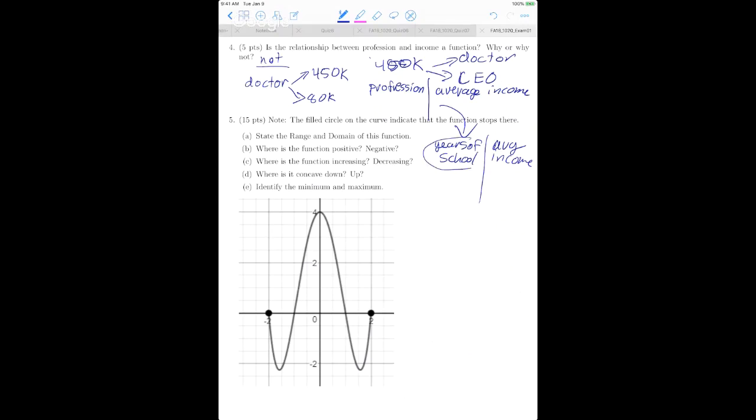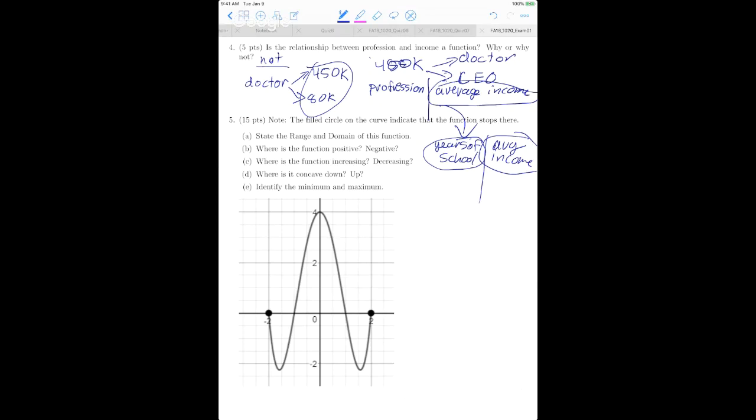And this is a great numerical proxy for profession, it turns out. And since we've taken an average here, we've collapsed all of the different answers into one. So if I asked you this question, if years of school versus average income was a function, you could say yes. But unless we collapse it using some sort of averaging or something like that, we're stuck with this condition, where if I'm a doctor or I go to school for 6 years, I could make one of several incomes, right? Not quite the same thing.